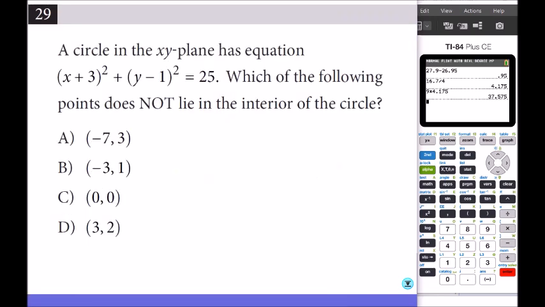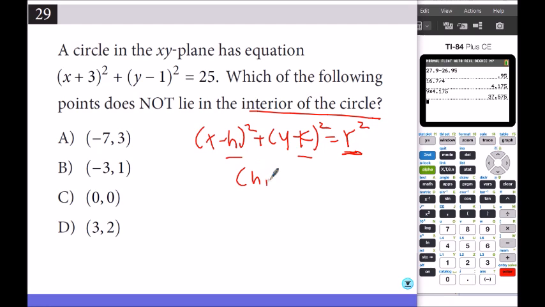A circle in the xy plane has the equation shown. Which of the following does not lie in the interior of the circle? So here, this is x minus h squared plus y minus k squared equals r squared. Radius, and h and k is the center, right? So what's the center?